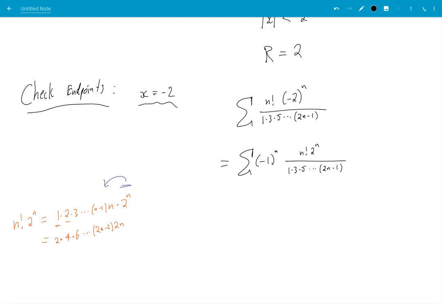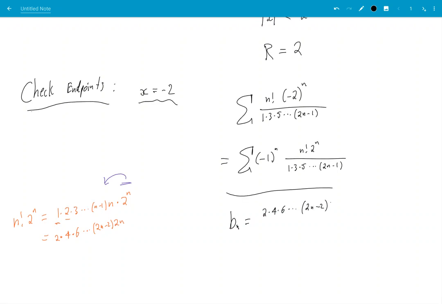Okay, coming back over to this guy, I look at my non-alternating factor, and it is 2 times 4 times 6 all the way up to 2n minus 2, 2n, over 1 times 3 times 5, and then the last one's going to be... n is equal to 1, 2, 3, 4, 5.